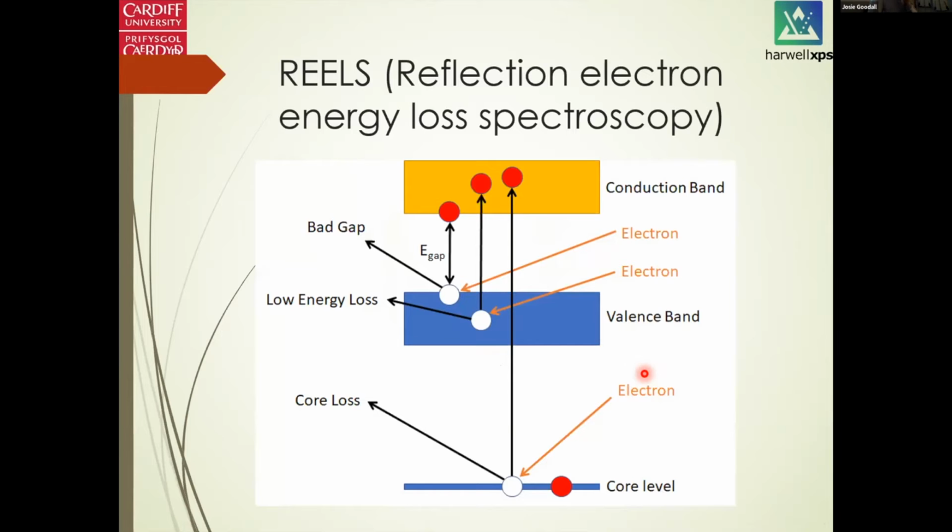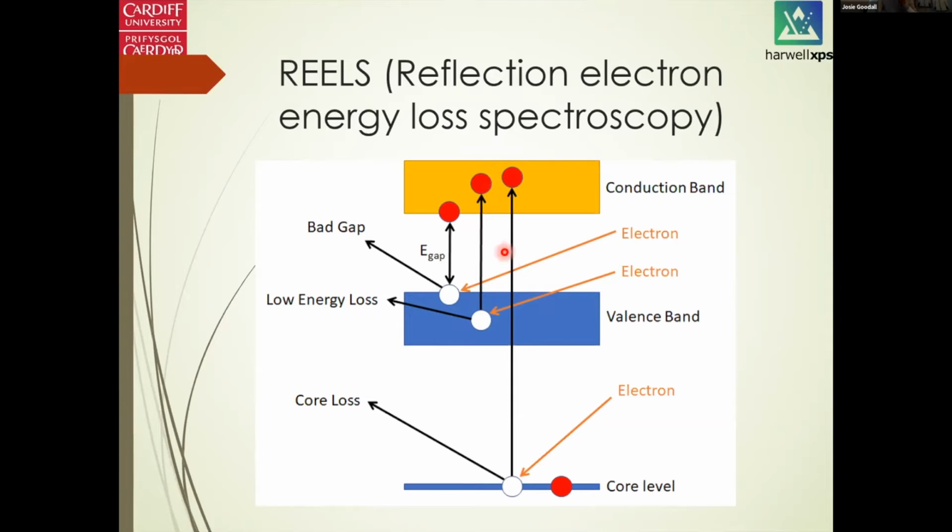When the electron beam has different energies, which could be as low as a few hundred eV or up to tens of thousands of eV, the energy will be able to hit the electrons in the core level or valence band, and the spectrum is recorded with the reflected electron energy, and the loss is the difference that we are looking for.